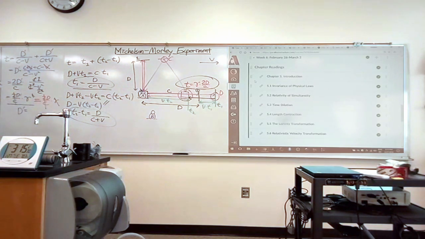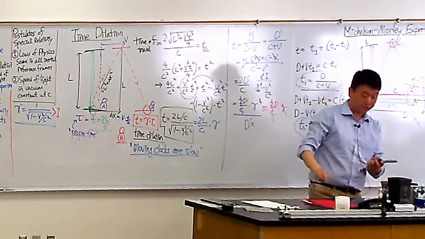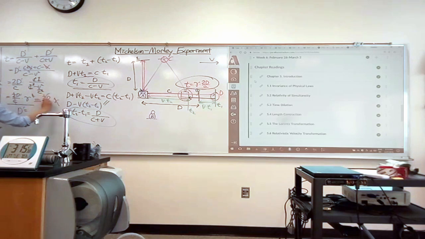Let me give this d a name. The same way I gave a name to the time kept by the clock in its own reference frame, I can call this d the proper length. It's the length of whatever object it is in its own reference frame.